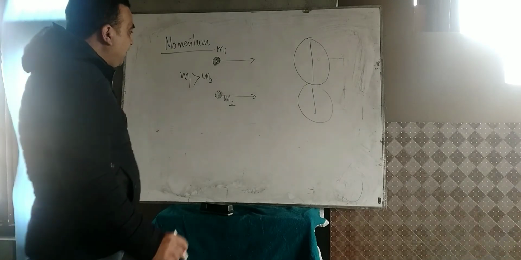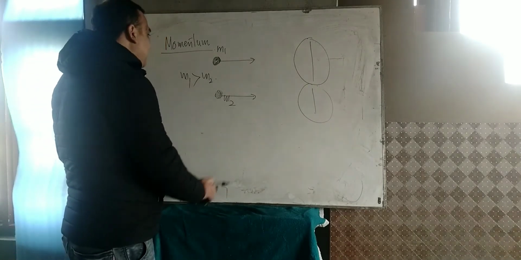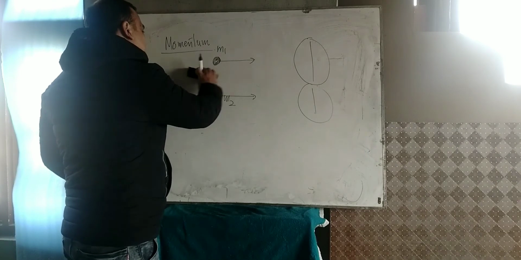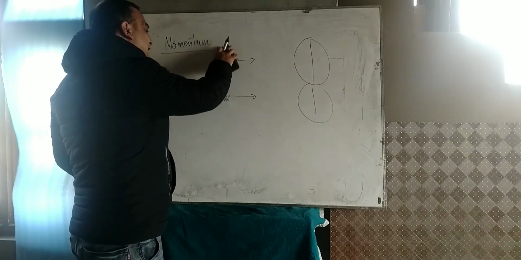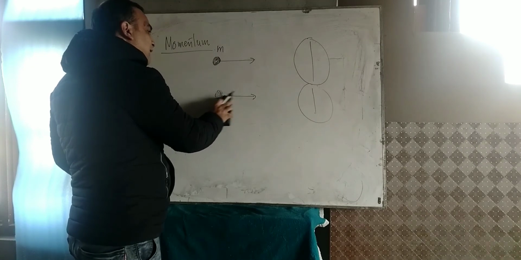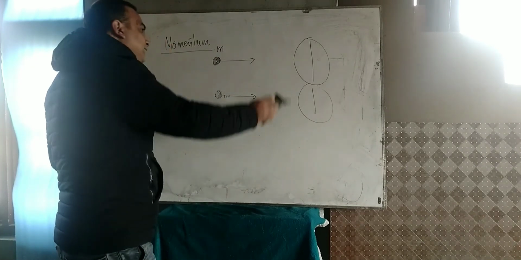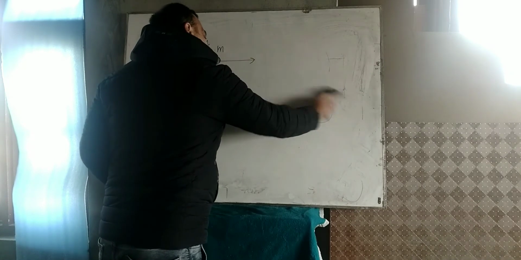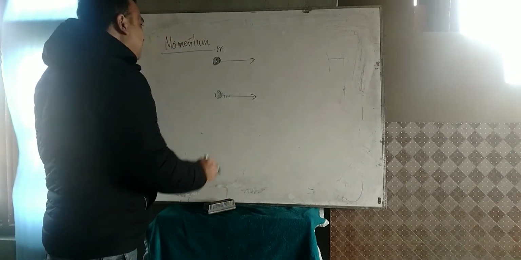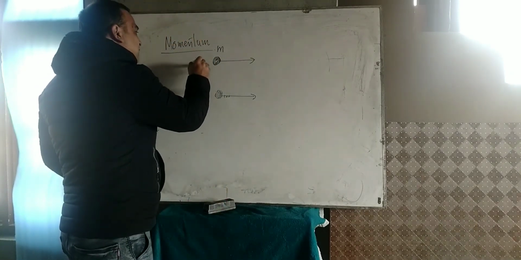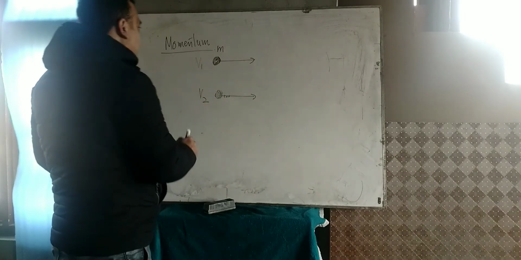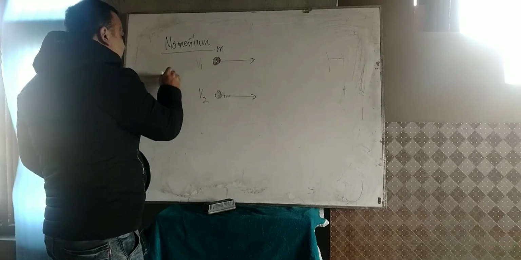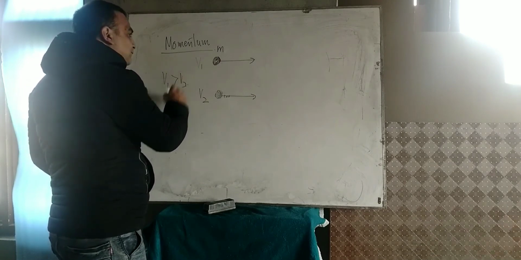Now, similarly, if I take the same example where I have two balls having the same mass, but they are moving with different speeds, say v1 and v2, and v1 is greater than v2.